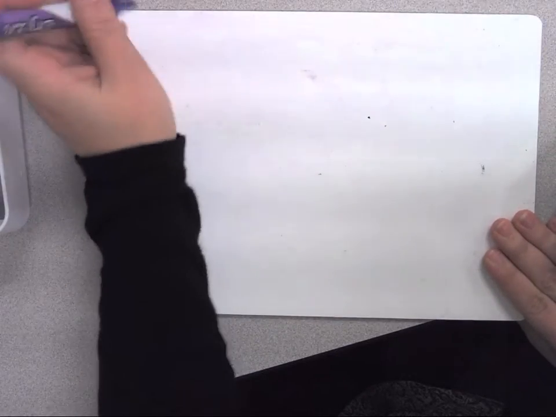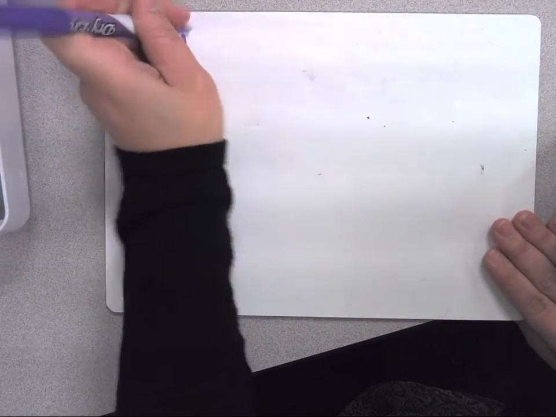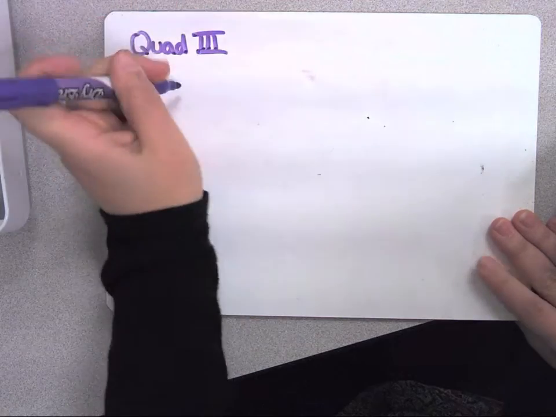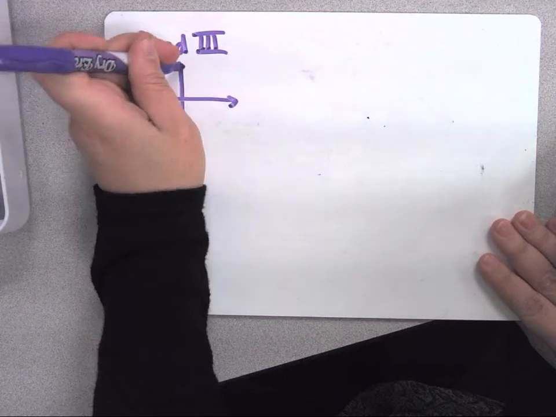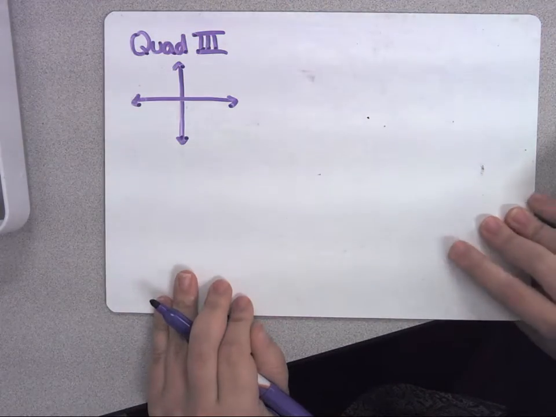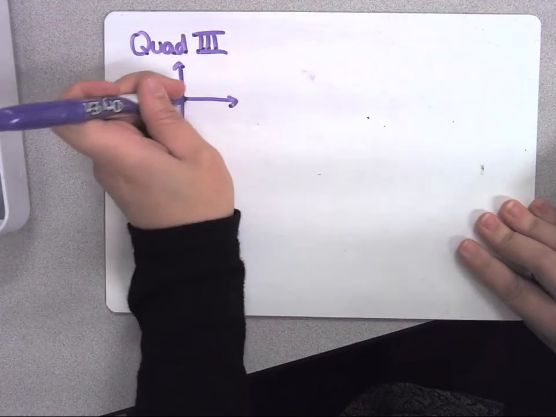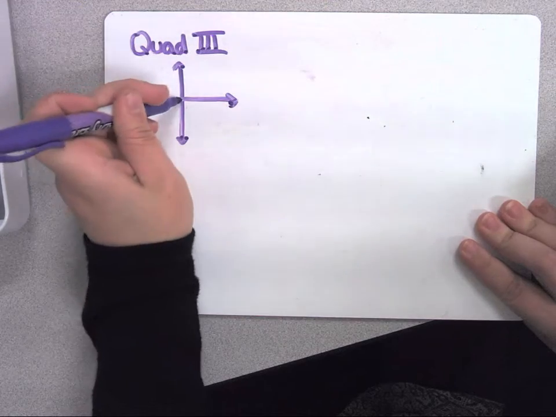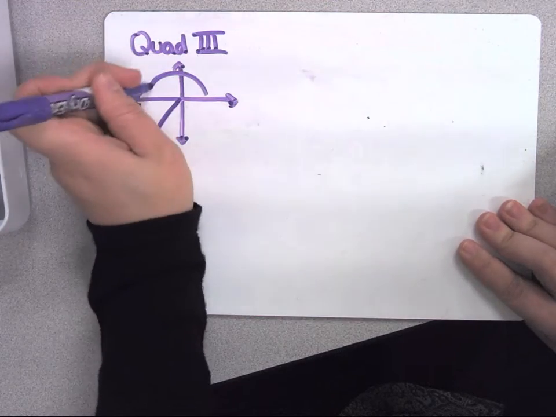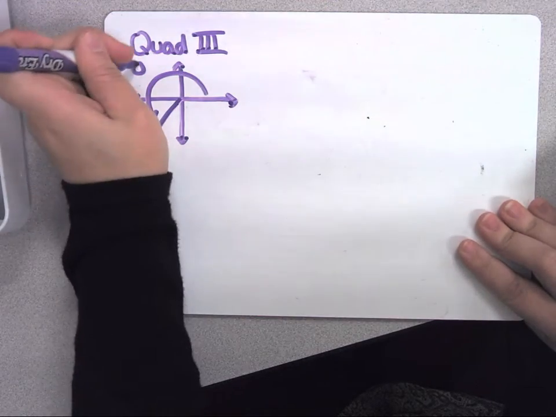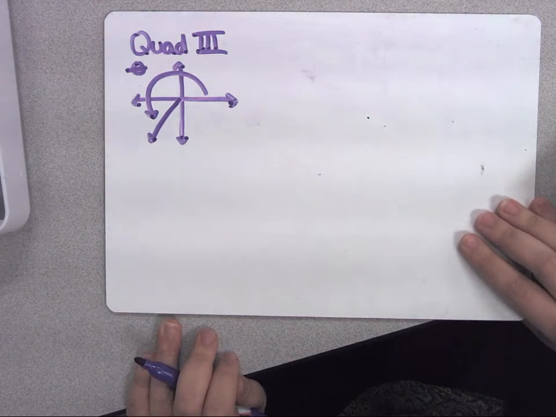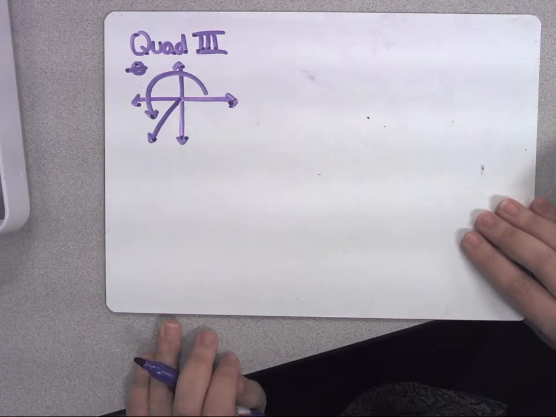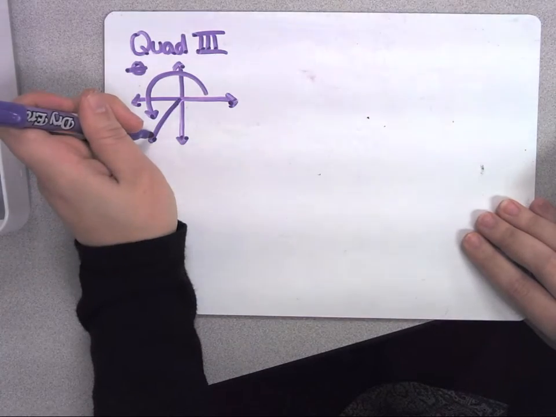Quadrant 3. You're going to have a bit of all 3 quadrants. Again, quadrant 3 starts all the way at the beginning because it's positive and ends there. That's our original theta. Where's our reference angle? Again, it's from our terminal line to our x-axis. If I start here, where am I going to go?